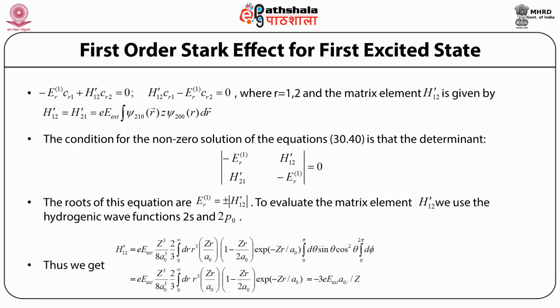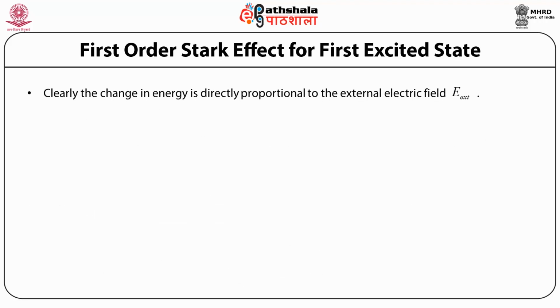Thus we get H12 prime equals e E external, Z cubed by 8 a0 cubed, times 2 by 3 times the integral from 0 to infinity of dr r cubed, Zr by a0, times 1 minus Zr by 2a0, times exponential of minus Zr by a0, which gives us minus 3 e E external a0 by Z. Clearly, the change in energy is directly proportional to the external electric field.